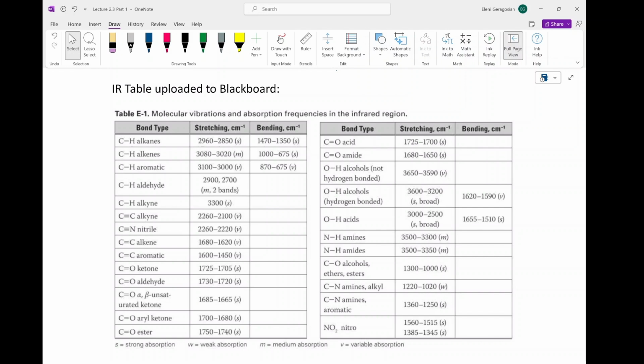But let's look through this table and, like I said, use this as a reference guide. Sometimes peaks might not be in exactly the ranges that are listed here, but this can give you a guideline to know what to look for or where to look on an IR spectrum.